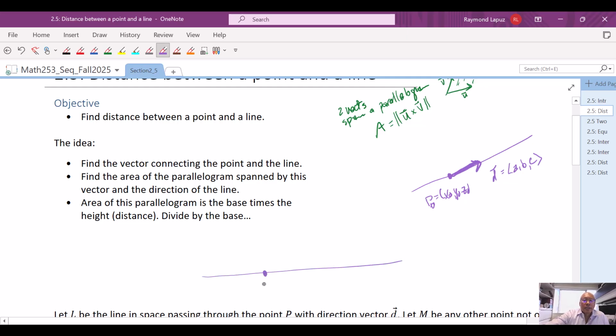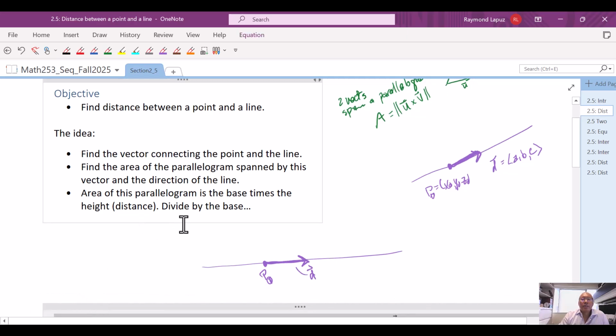What's going on is that you have a point here, let's call it P naught. I'm going to redraw this sketch over here. Then you have a direction here, and let's call that direction D, for the base. And then you have some point that is not on this line.